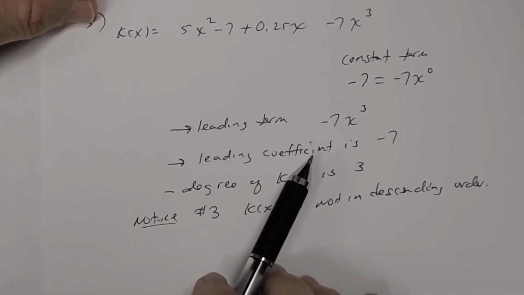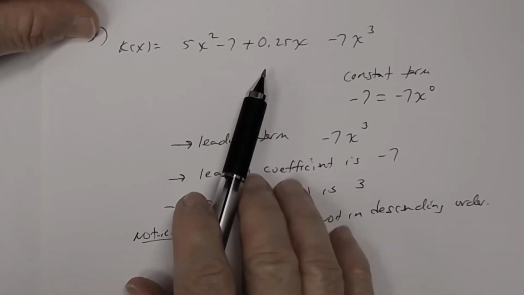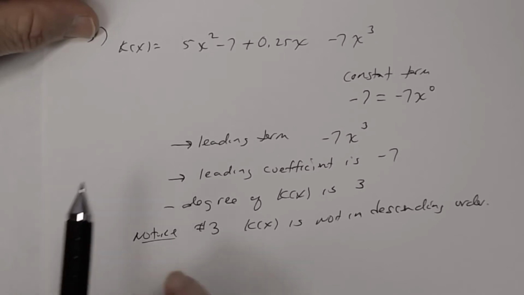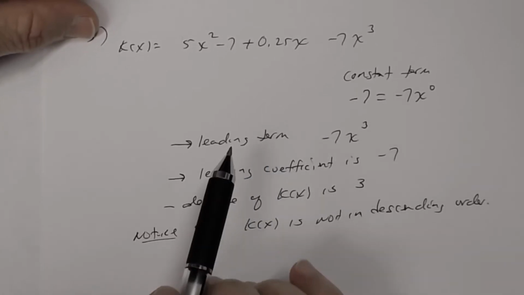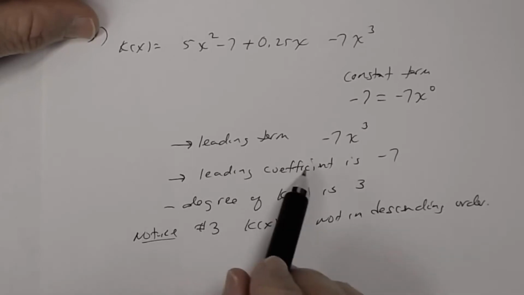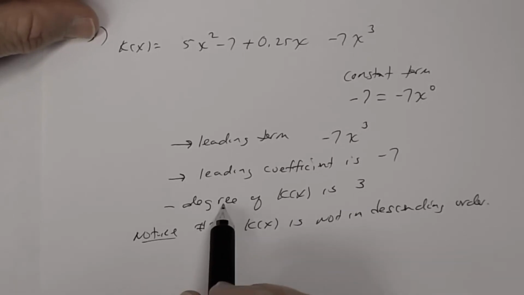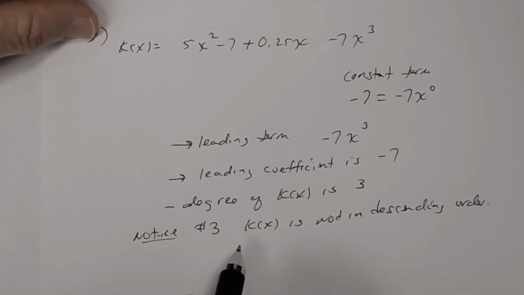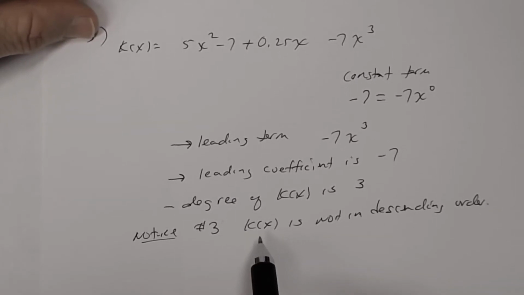You could have still answered these questions. You can still say this is a polynomial function. You can still tell me what the leading term is, what the leading coefficient is, and what the degree of the polynomial is. So it doesn't have to be in descending order, but sometimes you will be asked to put it in descending order.